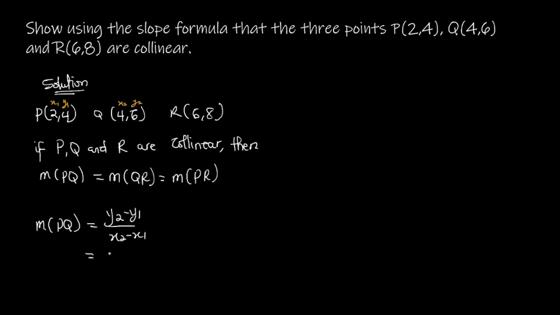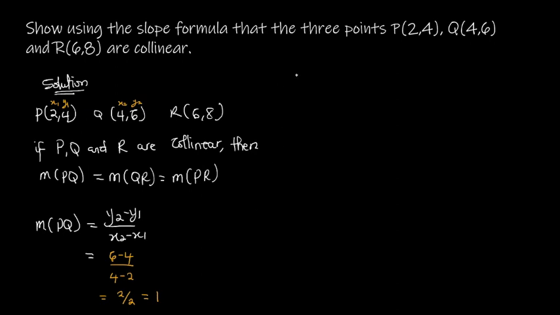So my y2 is 6 minus my y1, which is 4, on my x2, which is 4, minus my x1, which is 2. So this gives me 6 minus 4 is 2, on 4 minus 2 is also 2, and this is equal to 1. So the gradient of PQ is 1.